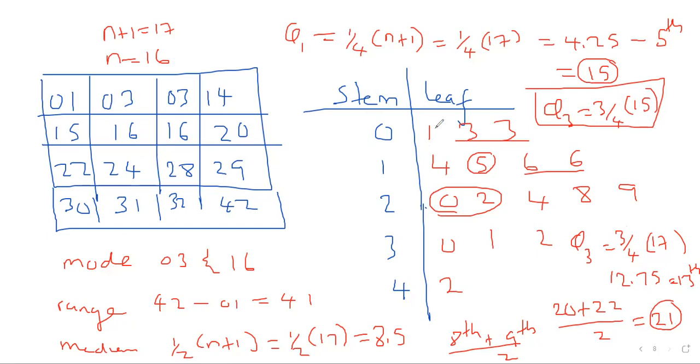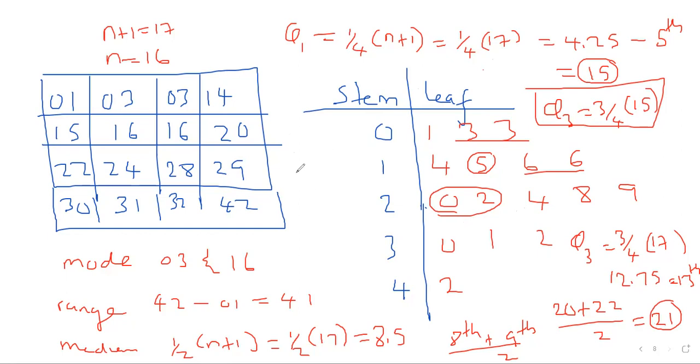So the 13th number. 1, 2, 3, 4, 5, 6, 7, 8, 9, 10, 11, 12. Yes, it'll be 30, correct. So the 13th number is 30.